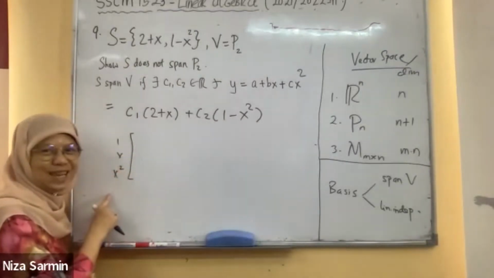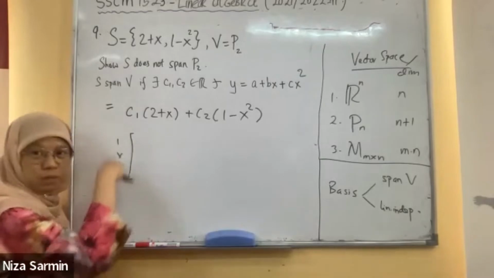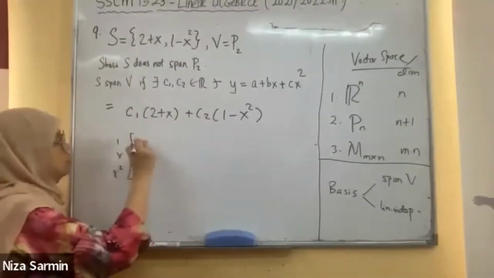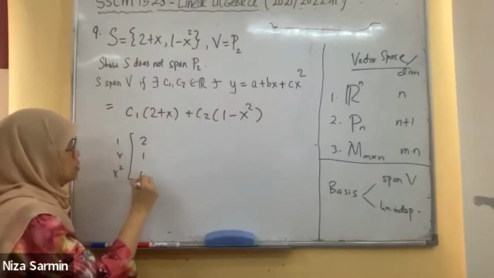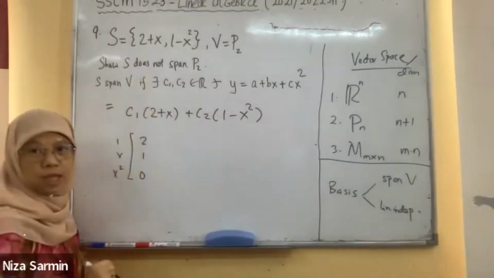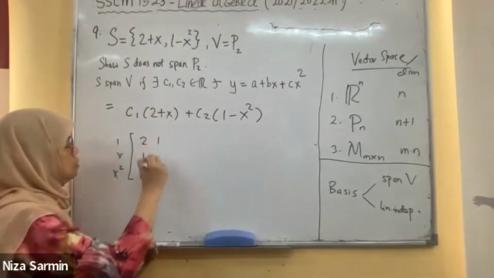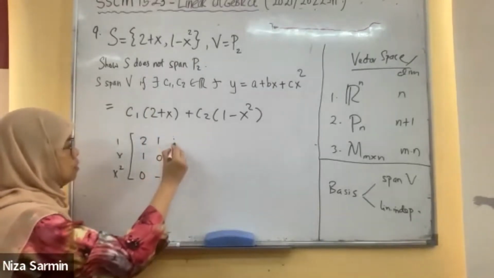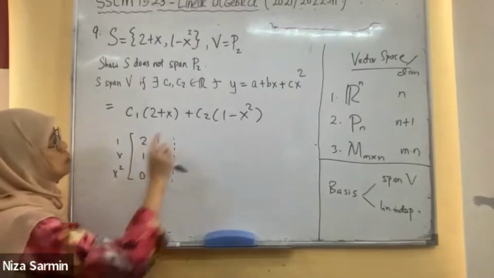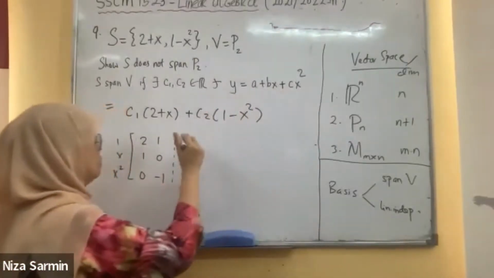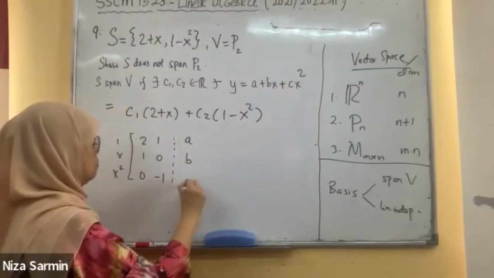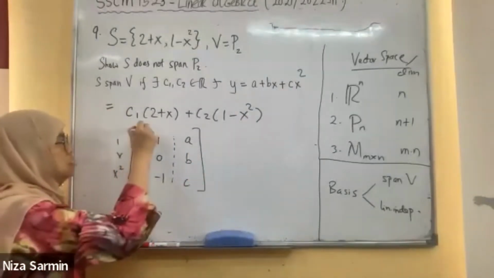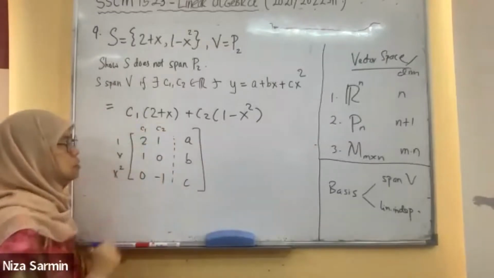But if we've seen this before, if you can write this as 1x squared, I still remember I did this in the last class. Put the variable here and then put the coefficient, yeah? So 2 plus x is 2 plus x. 1 minus x squared is 1. And then A, B, C. Okay, there is a C1 and there's a C2.